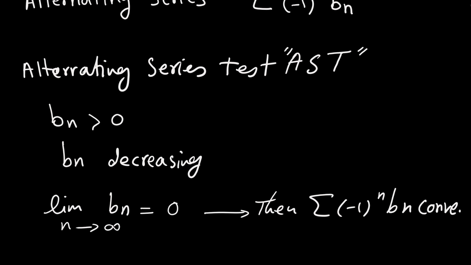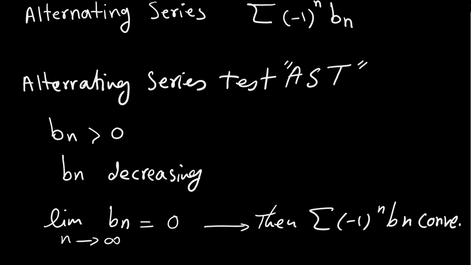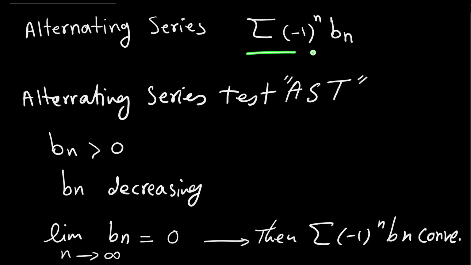So by the alternating series test, we have an alternating series in the form of sigma (-1)^n b_n.